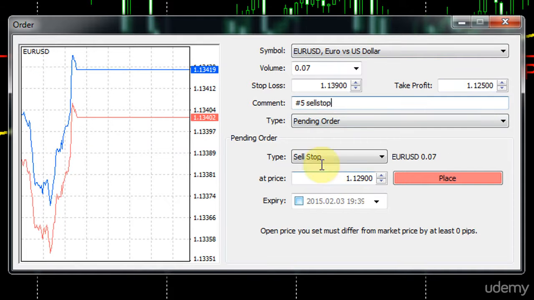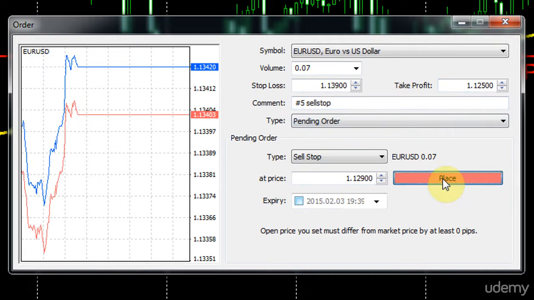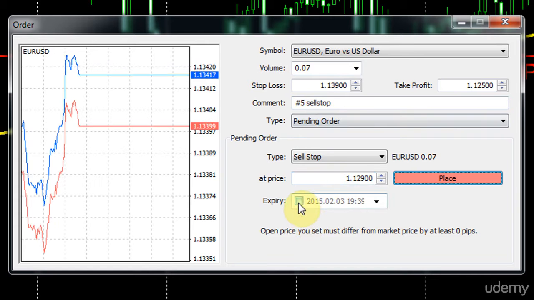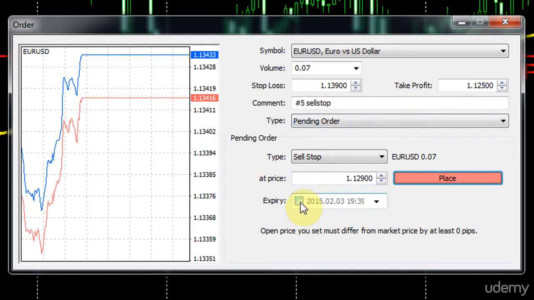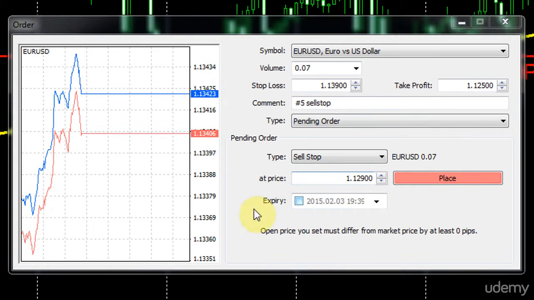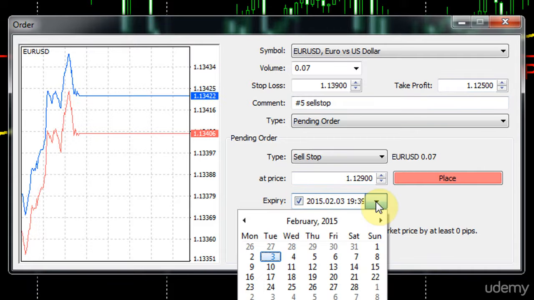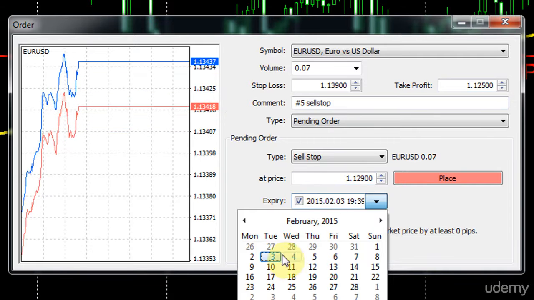Let me just check everything very quickly. Looks good. And oh yes, we can also set an expiry date for our order. How about we give it 2 days, or maybe even 1 day should be enough. So that's today.